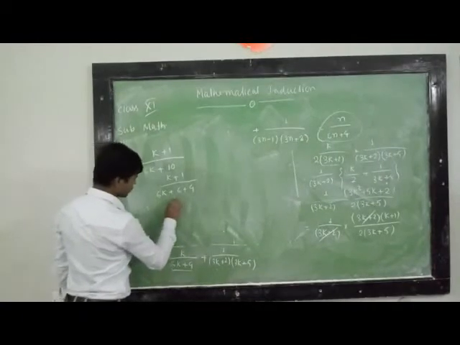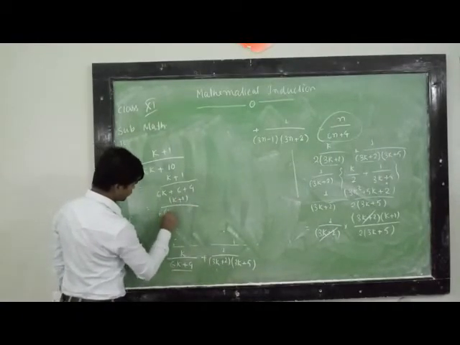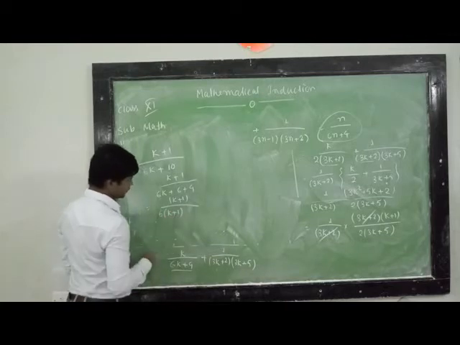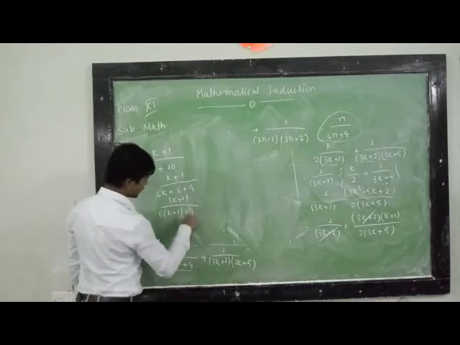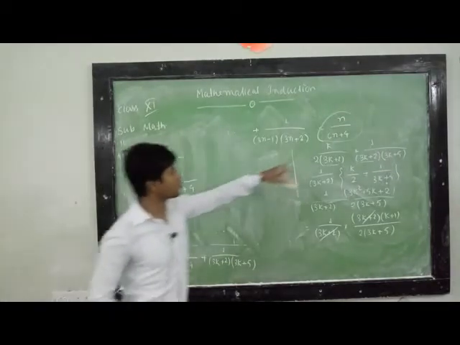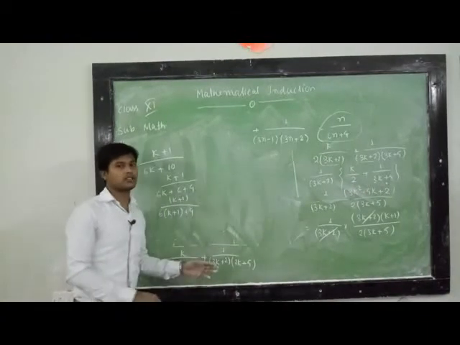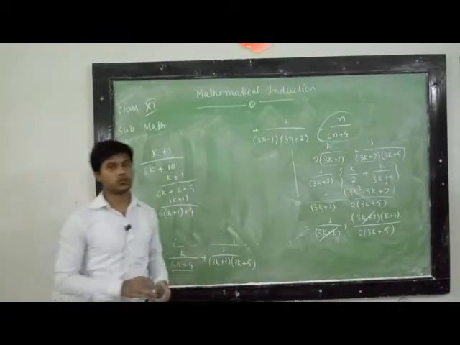So that is equal to (k plus 1). If I take 6 common from the first two terms, it will be 6 into (k plus 1) plus 4. Now you can see that this expression is looking like this expression when we put n equal to k plus 1. That means the statement is true for k plus 1 also.